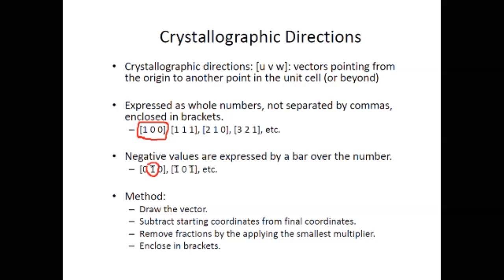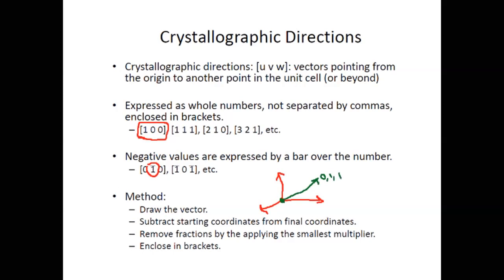So for example, if this is our origin here, so that's 0, 0, 0, and then from that we drew a vector in this direction which had the coordinates 0, 1, 1.